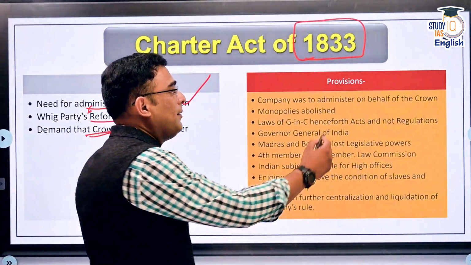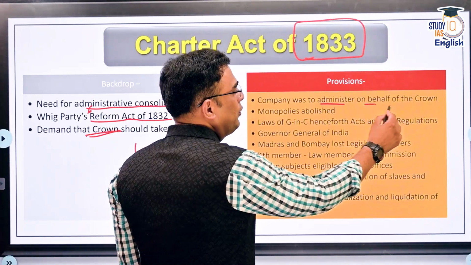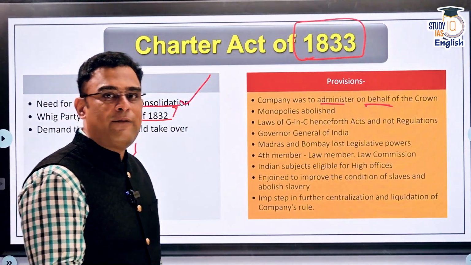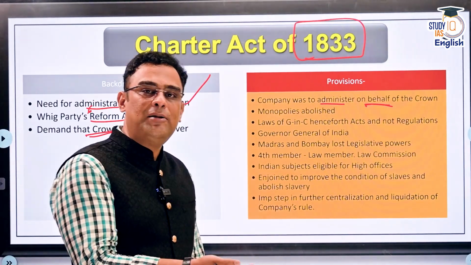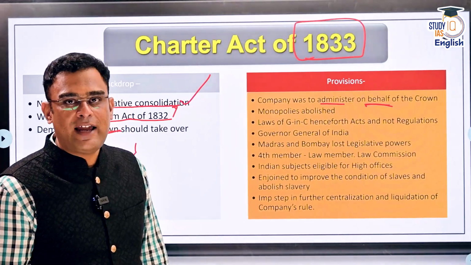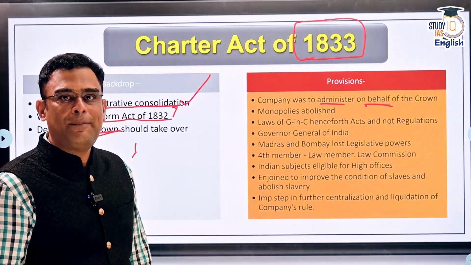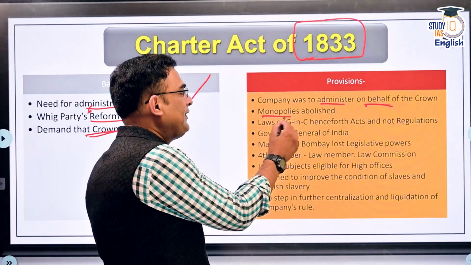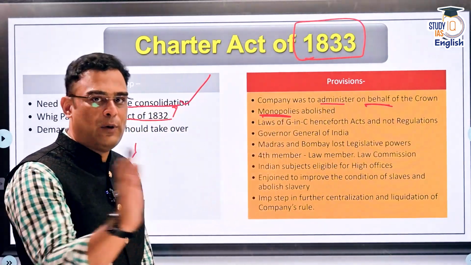Provisions. Company was now to be administered only on behalf of the Crown. So it was like a final warning to the East India Company that your time has now come to an end. It's only a matter of time before you will have to fold up and leave this place bag and baggage. Monopolies, whatever remained, were also abolished.